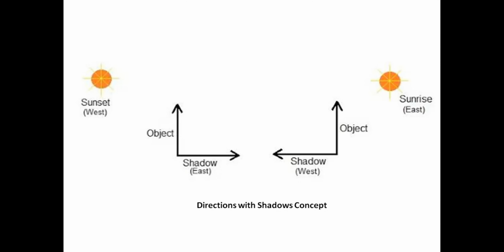Whatever may be the person's facing direction, his or her shadow will be on the west direction if the sun is on the east direction, right? And this shadow position is independent of facing direction. So it is on the west direction only.